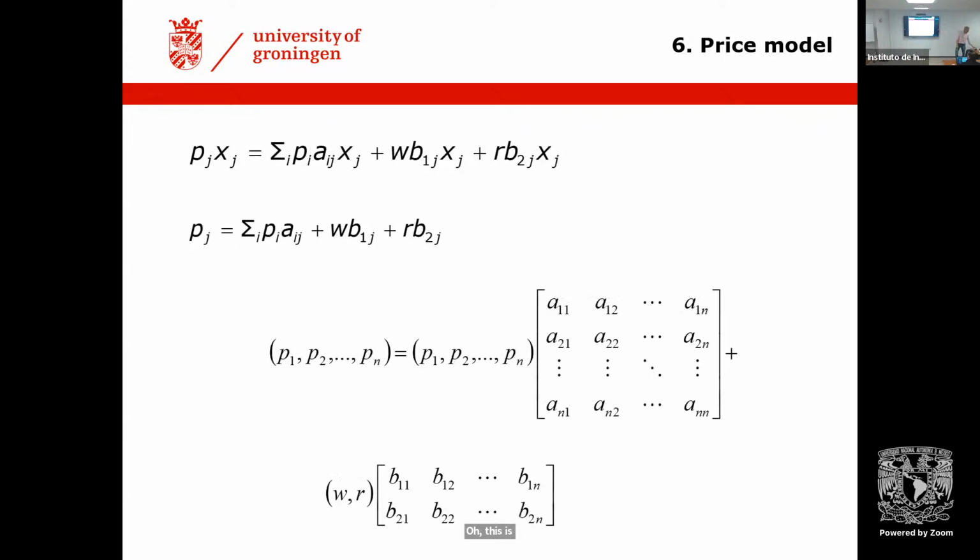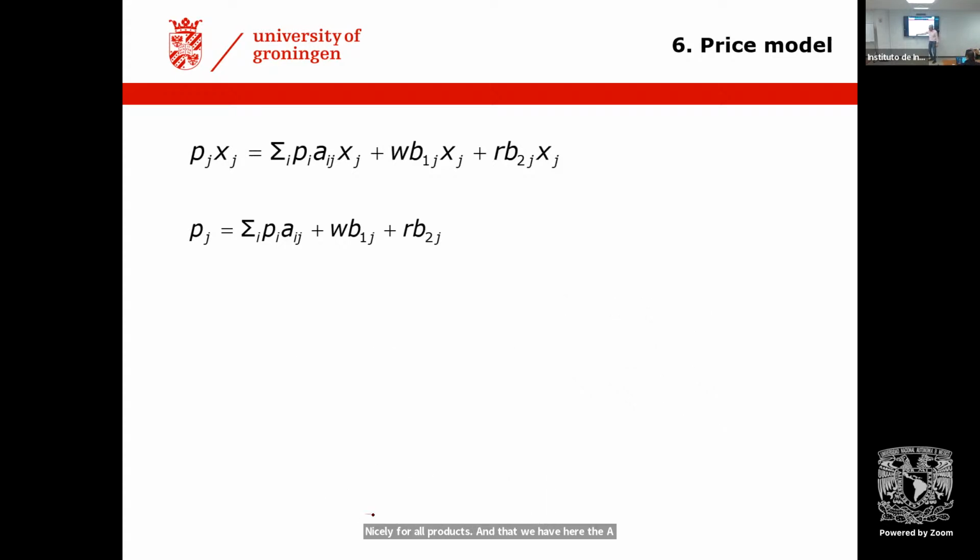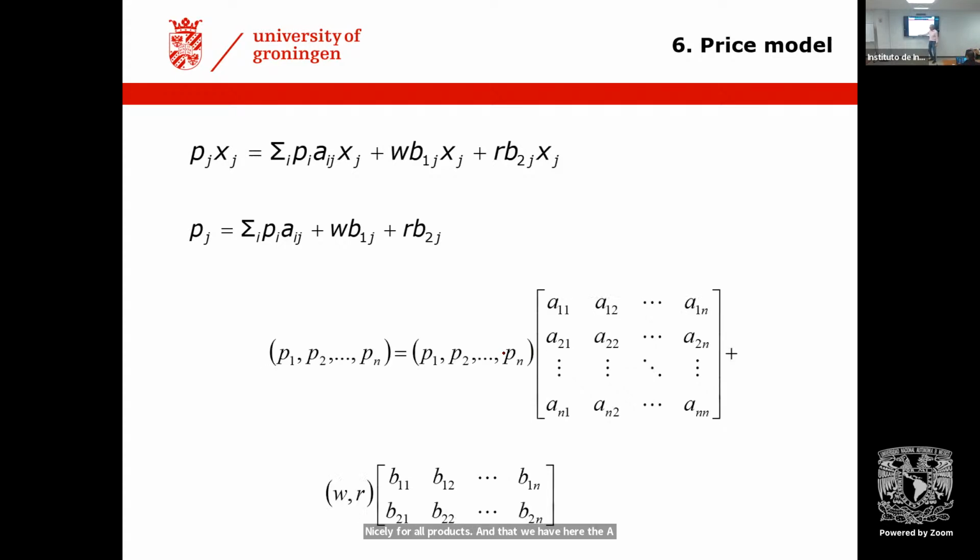You can write that nicely for all products. Then we have here the A matrix, a very small vector, the vector WR, and the B matrix.